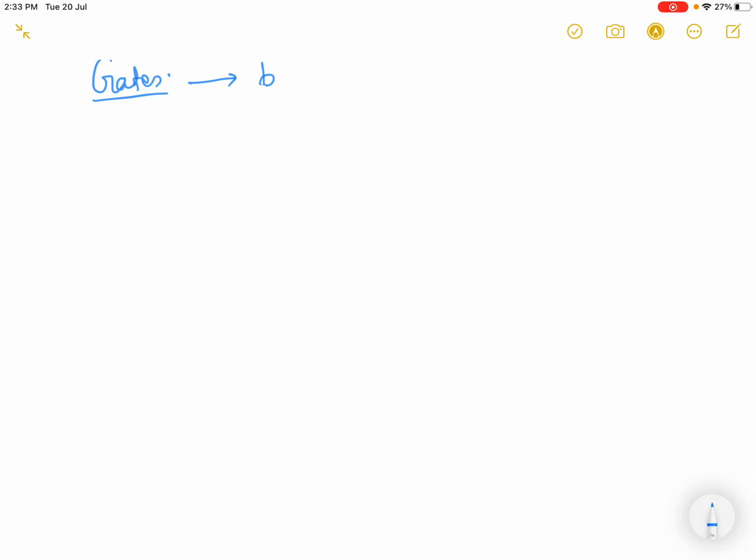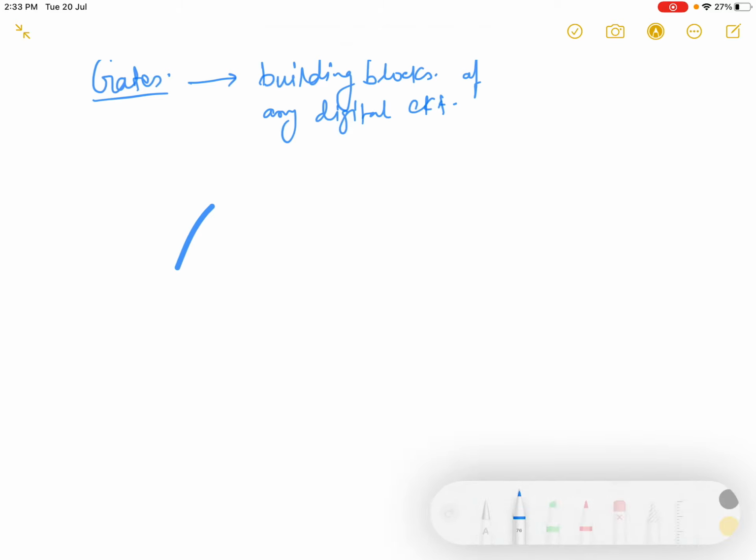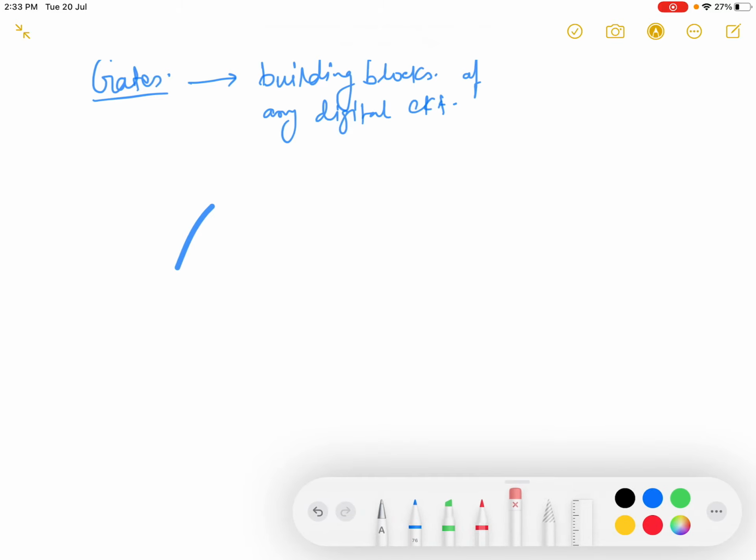Because they are the building blocks of any digital circuit.